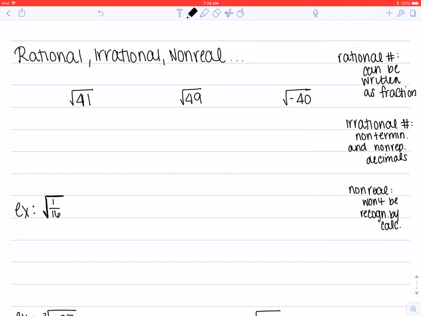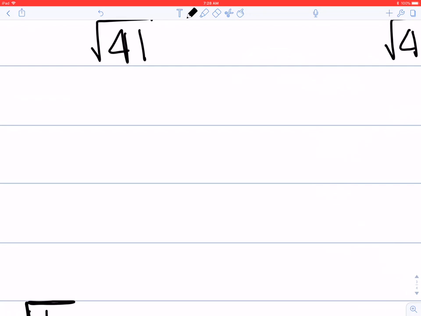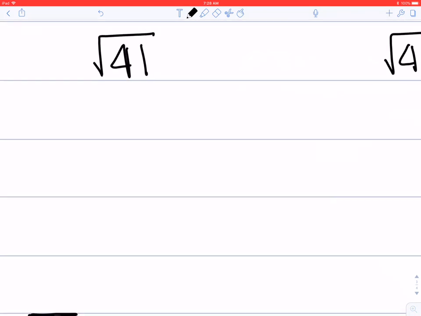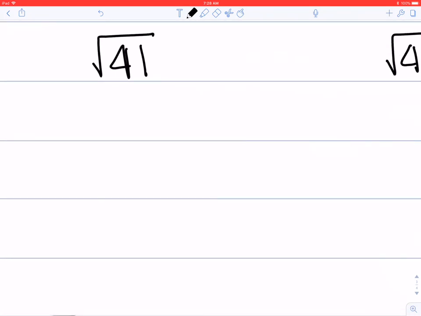For this first one, the square root of 41, I'm going to put that in my calculator, and I get 6.403124237. What that tells me is that it doesn't stop, it doesn't end, it doesn't repeat. It's this crazy string of decimals, so most likely it is an irrational number.